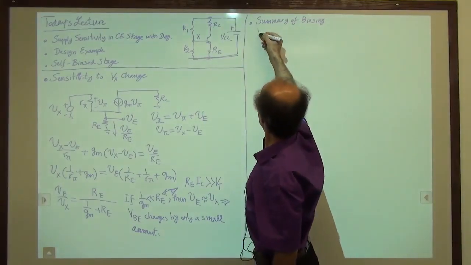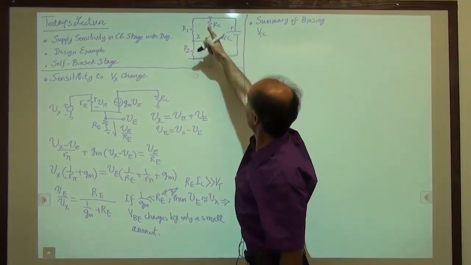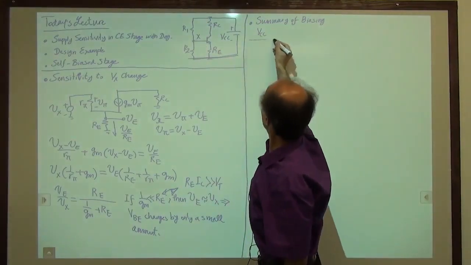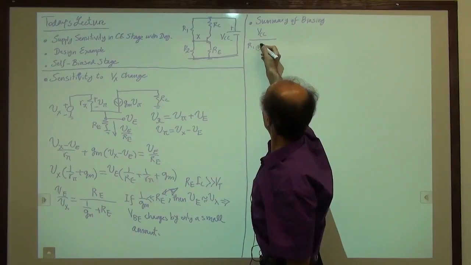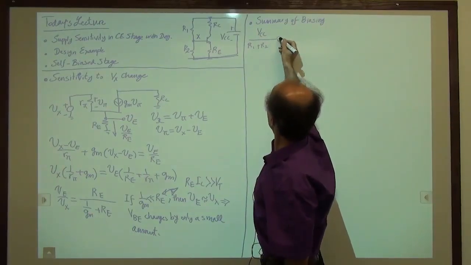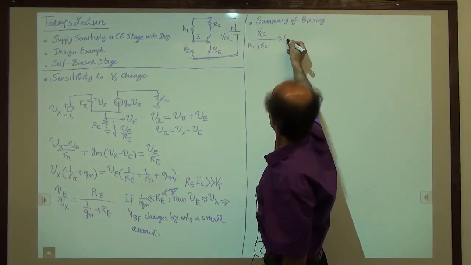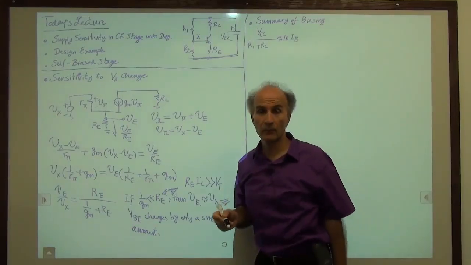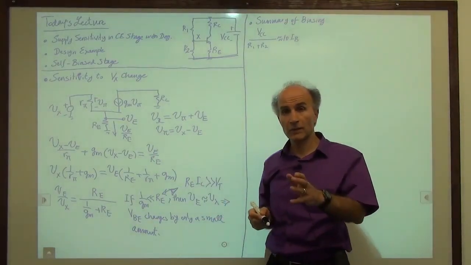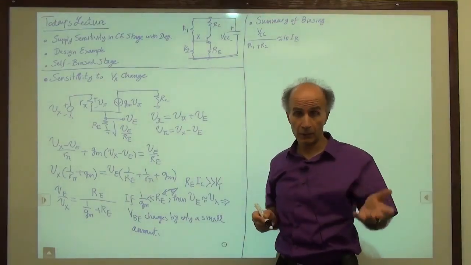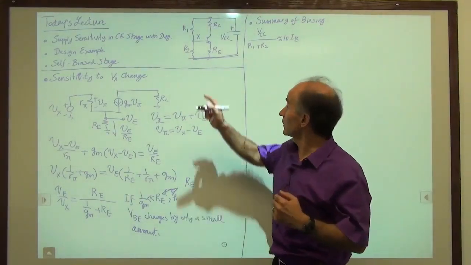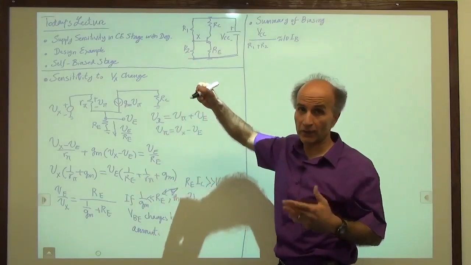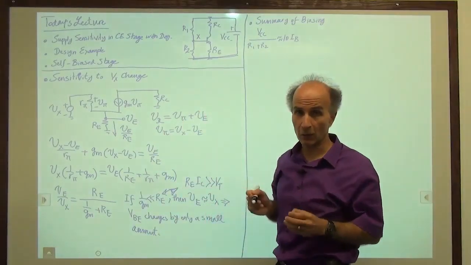So we say VCC divided by R1 plus R2 should be about 10 times the base current. Okay, so that if the base current changes by maybe 30%, 40%, the voltage at this point doesn't change much. It's still given by the division between R1 and R2.